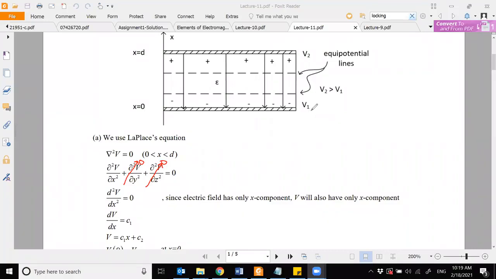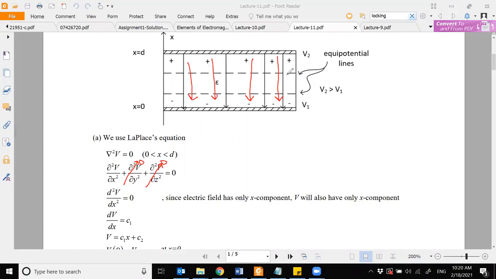We don't know the magnitude, but at least we know how the electric field looks and what the probable components of the electric field are. The electric field will be going away from the positive potential plate and towards the negative potential plate, in this direction as shown by the arrows.